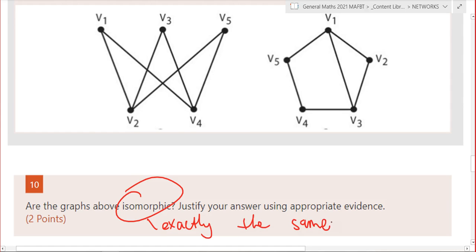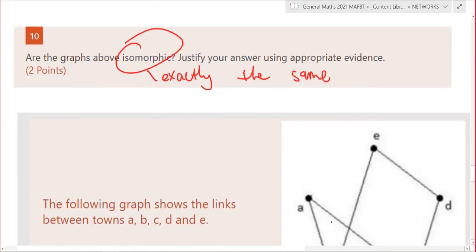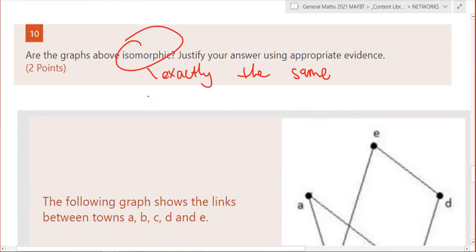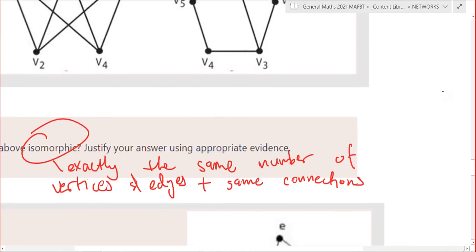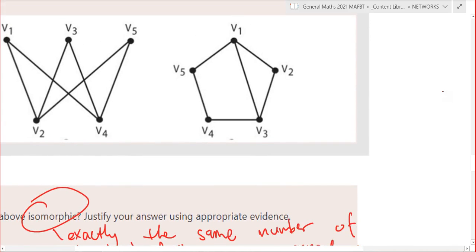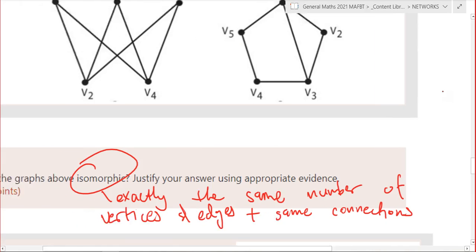Even though they're drawn differently, they have to have the same everything: the same number of vertices and edges, and the same connections. Even though they're labeled differently, they can still be isomorphic.